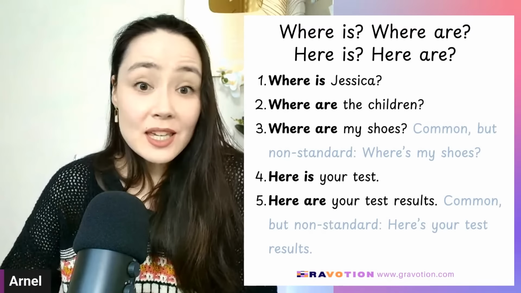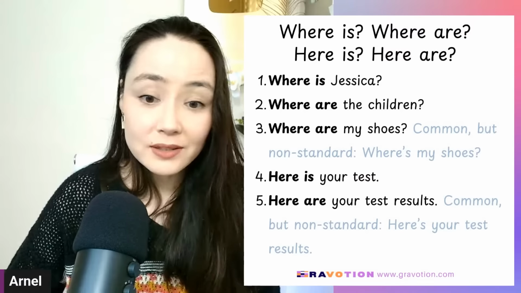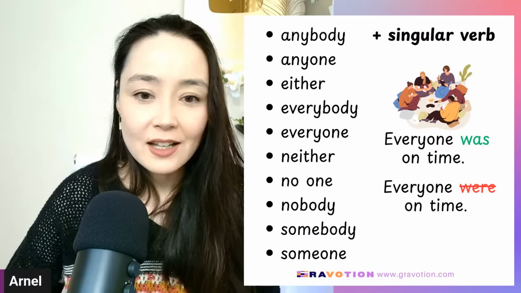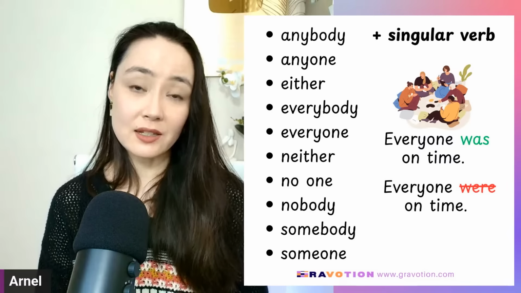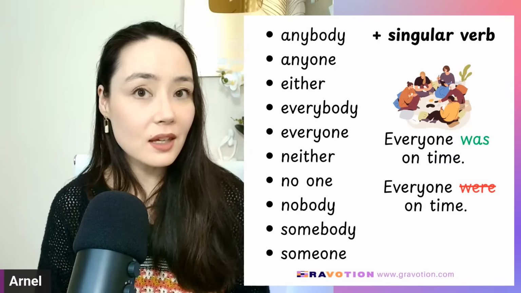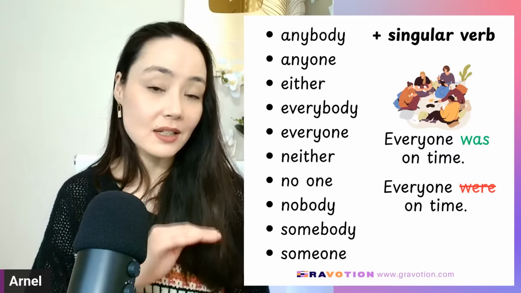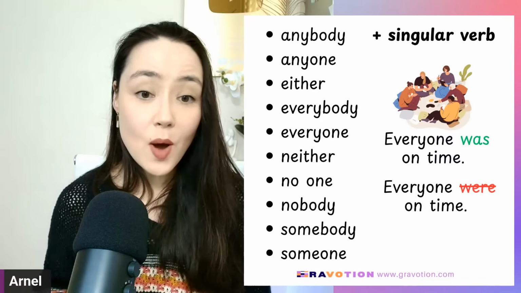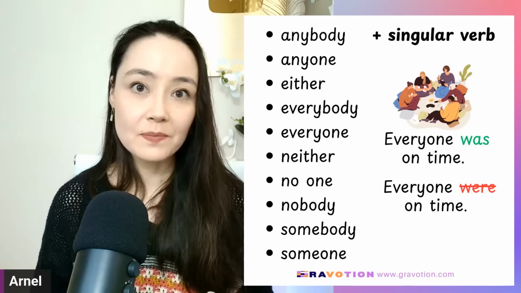Are you ready to keep moving? I think my next slide is another rule. Okay. Take a look at this list. Anybody, anyone, either, everybody, everyone, neither, no one, nobody, somebody, someone.